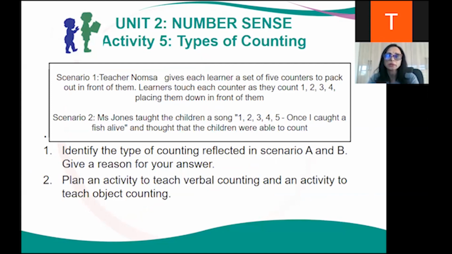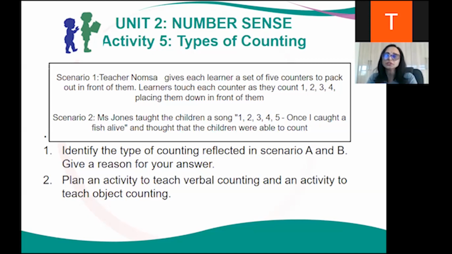Scenario 1: Teacher Nomsa gives each learner a set of 5 counters to pack out in front of them. Learners touch each counter as they count 1, 2, 3, 4, placing them down in front of them. In scenario 2, Miss Jones taught the children a song, 1, 2, 3, 4, 5, once I caught a fish alive, and thought that the children were able to count.